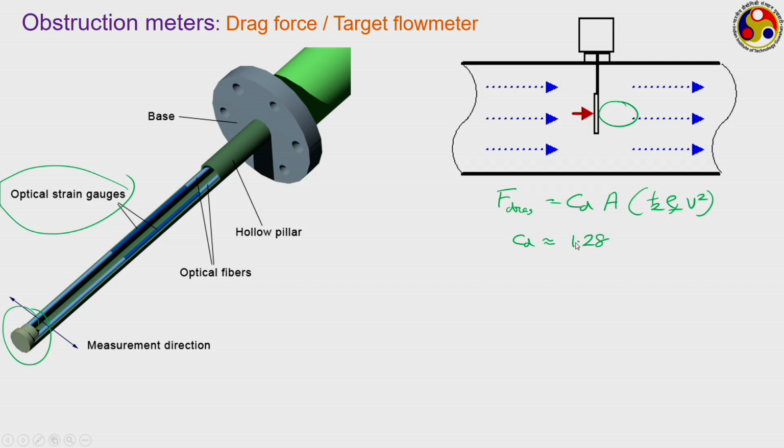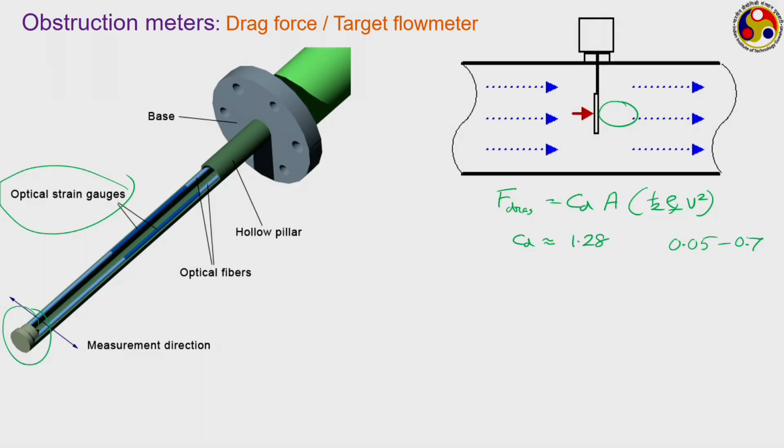However, if we are dealing with a sphere, then CD can have a very wide range, 0.05 to 0.7, and that depends upon the Reynolds number of the flow. So, we can have some kind of correlation to calculate CD based upon the Reynolds number, and once we know the value of CD, we can get the value of the velocity from this particular calculation.